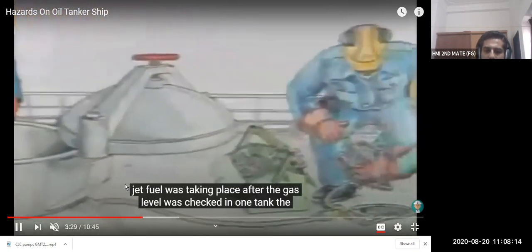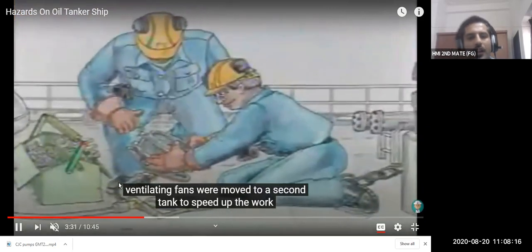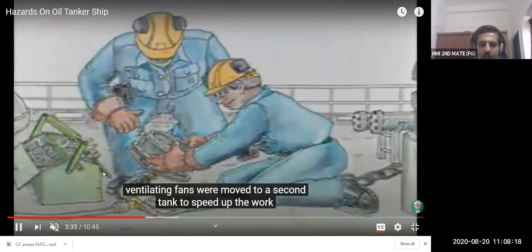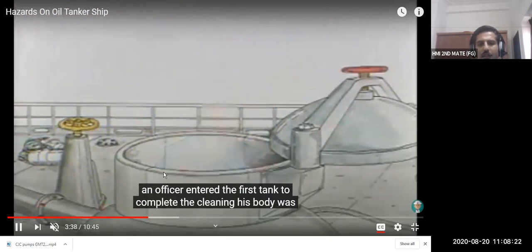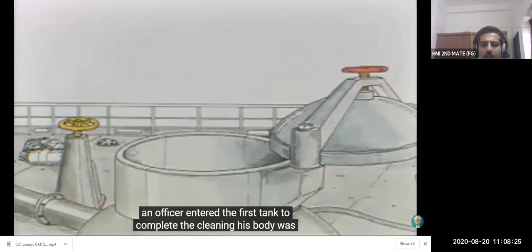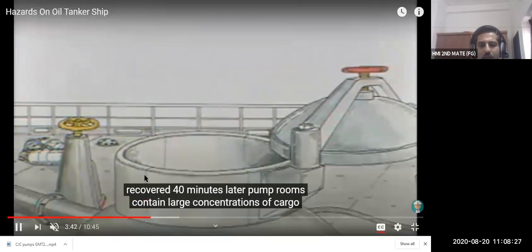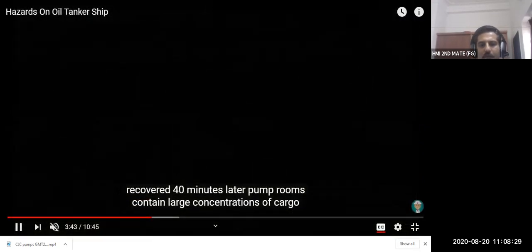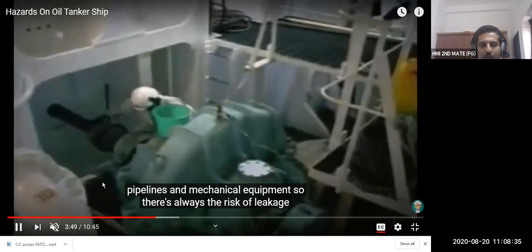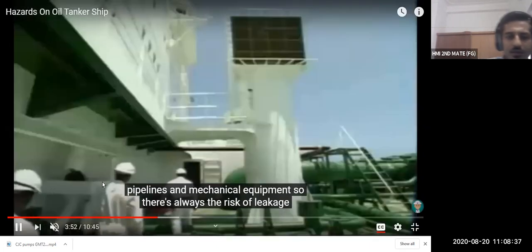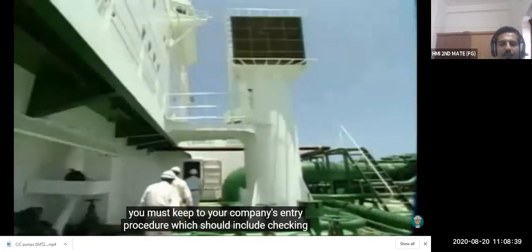This is a ship loading jet fuel, and ventilation fans were moved to the second tank, and the officer entered the tank. Later on it was discovered that in the pump room they had large concentrations of cargo leakage.